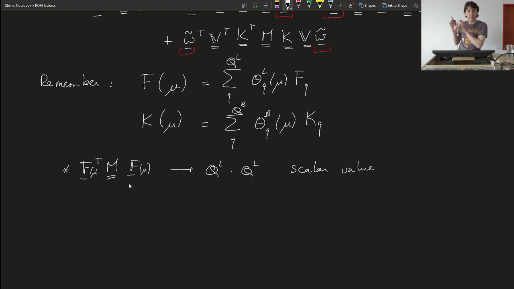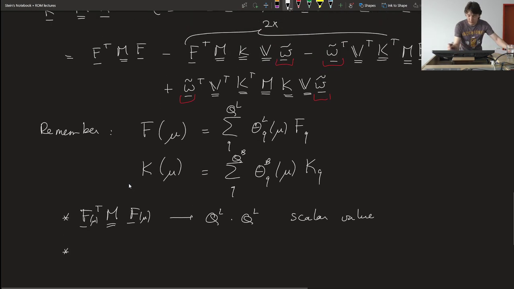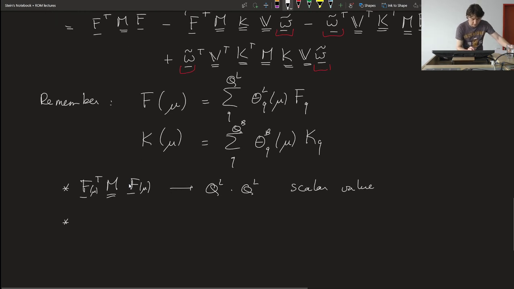So at that point, after I've pre-computed that, it becomes extremely, extremely cheap. The same thing happens for these two other terms. I have 2 times, it doesn't really matter which one I use, F transpose M K G.